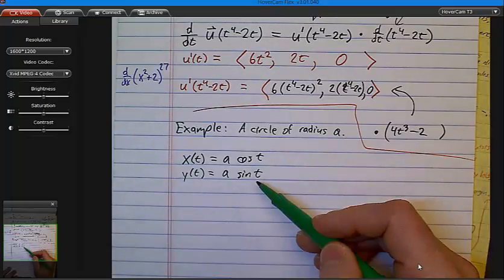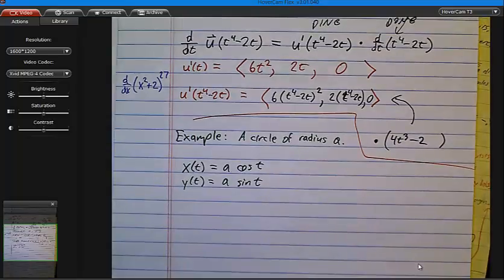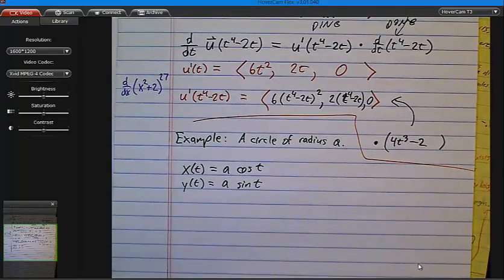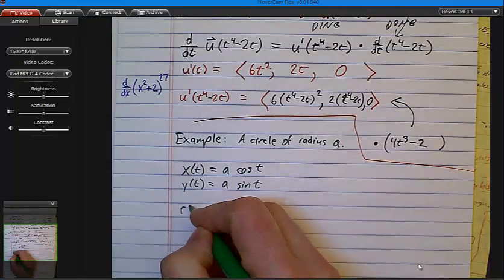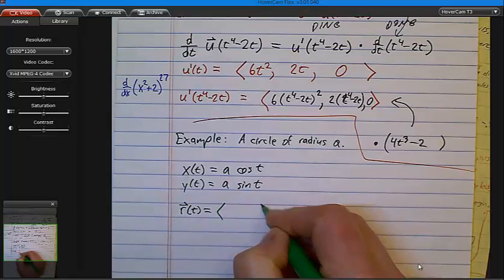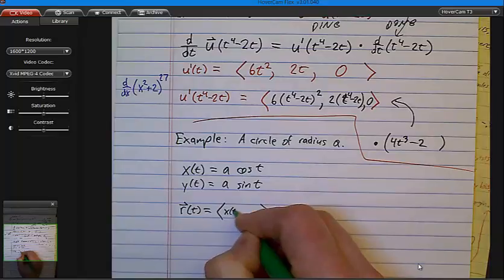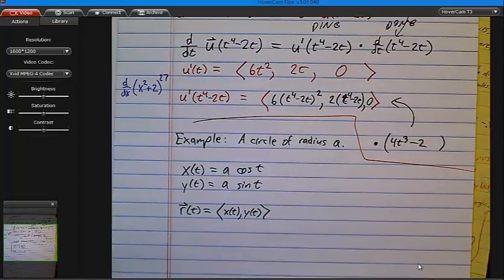Cosine squared plus sine squared is 1, so x squared plus y squared would be a squared. And you're probably happy at that point. So to do vector calculus, I can just say my vector is x of t, y of t, right?